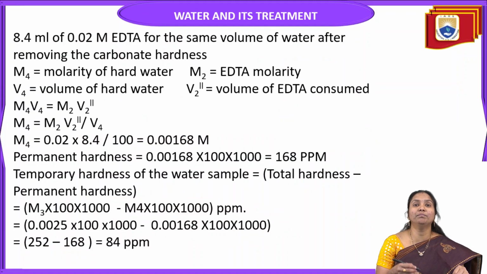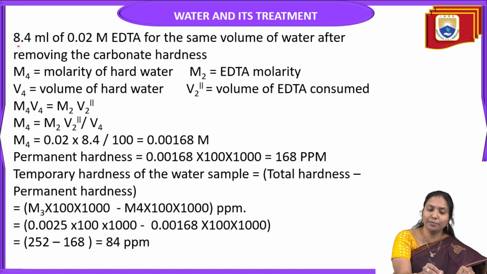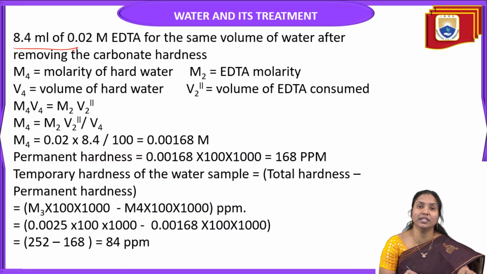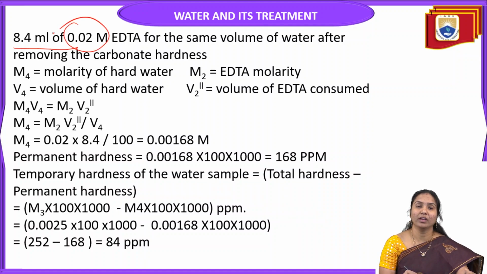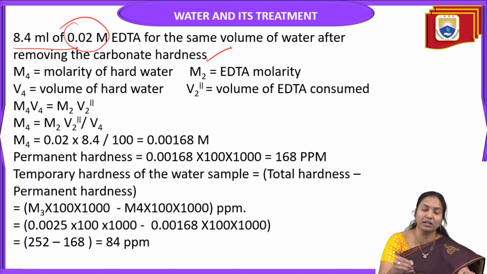Now you can calculate the permanent hardness of water. So from the data, 8.4 ml of EDTA required for 100 ml of water sample and the molarity of EDTA is 0.02 m. So 8.4 ml of 0.02 m EDTA for the same volume of water after removing the carbonate hardness.